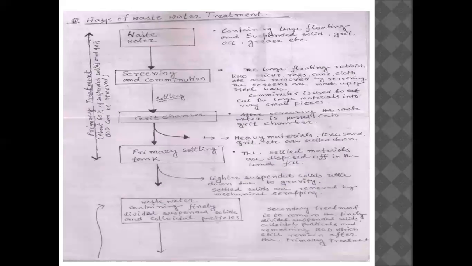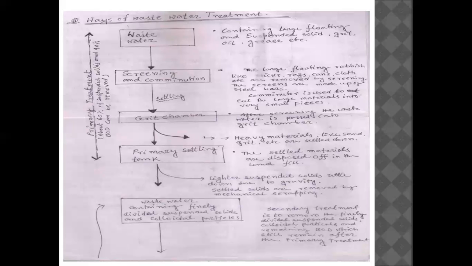Now we learn about the wastewater treatment procedure. For wastewater treatment, there are three steps: primary treatment, secondary treatment, and tertiary treatment. With the help of primary treatment, we can remove about 60% of suspended solids and 40% of BOD.